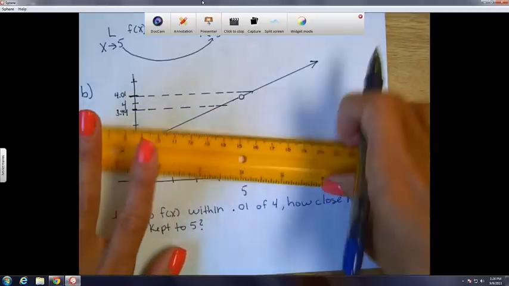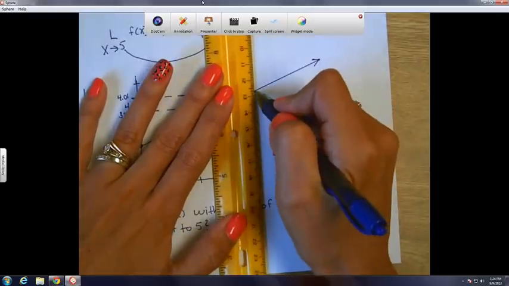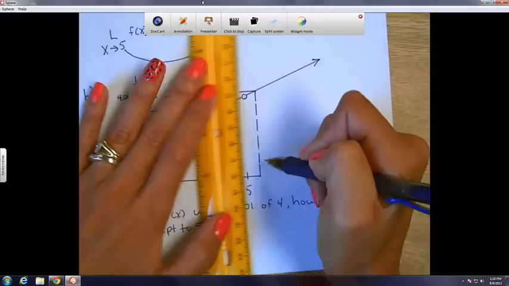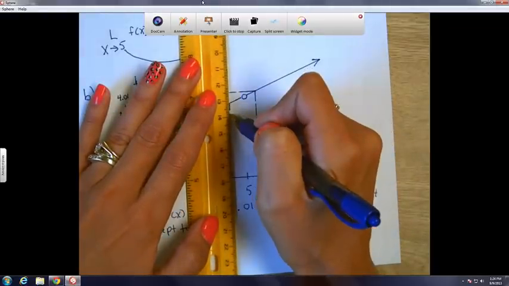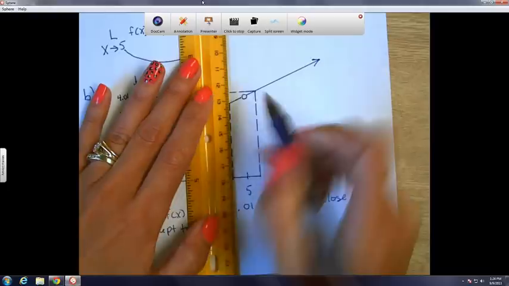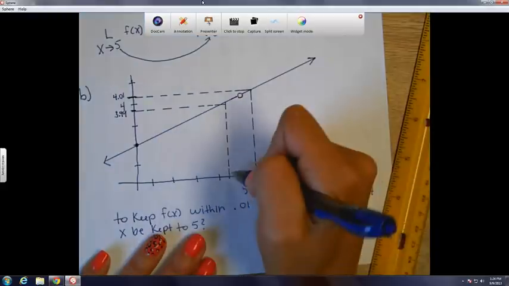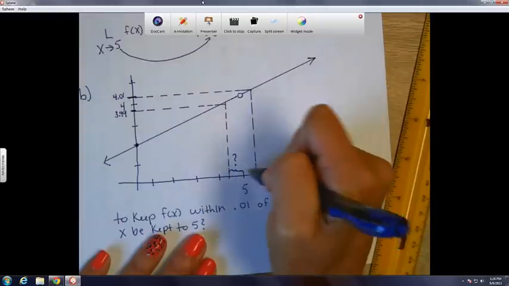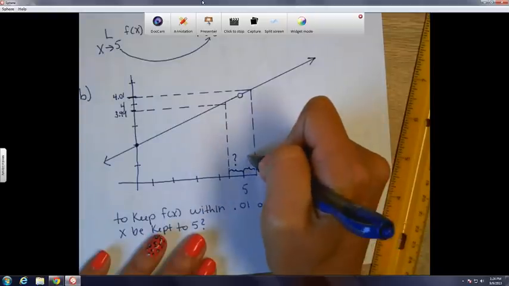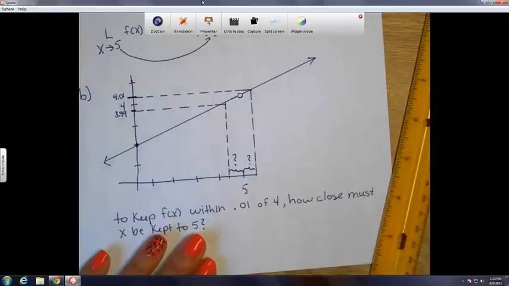And now if we read down from those intersections, best job there. But I want to know how close to 5 do I have to stay in order to stay within this 0.01 units away from the limit. Okay, that's our goal.